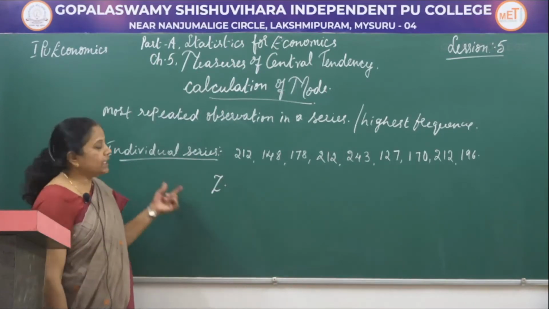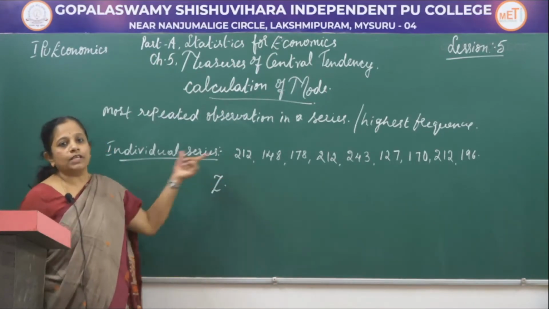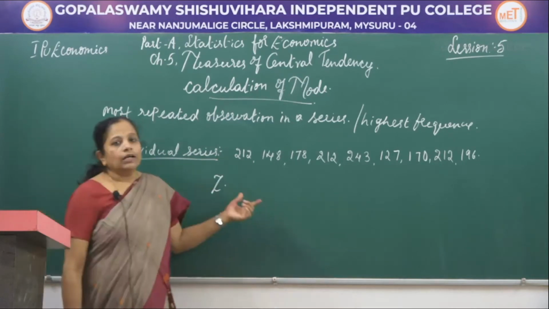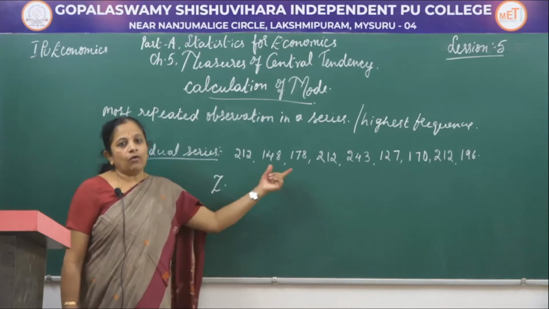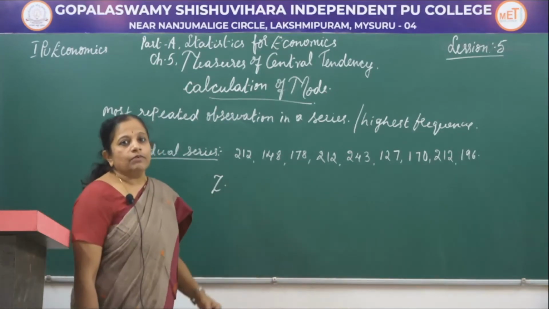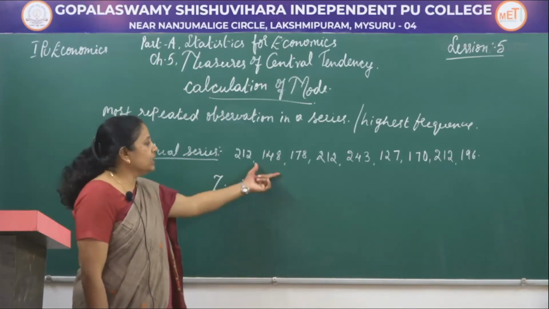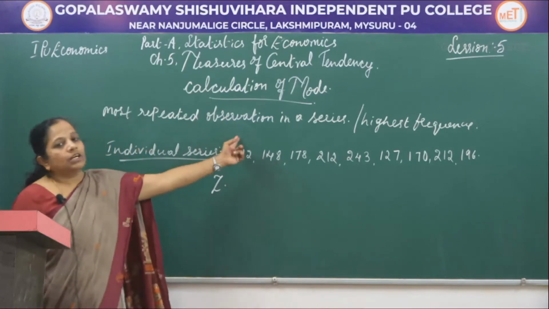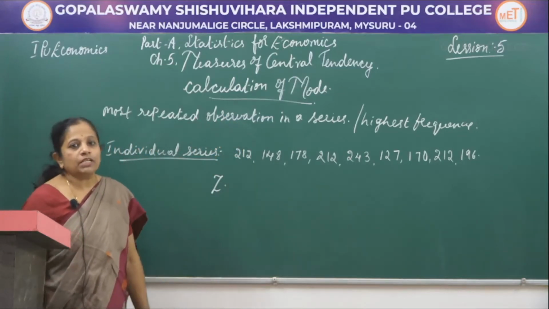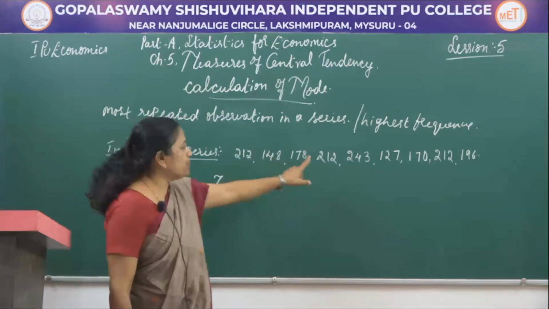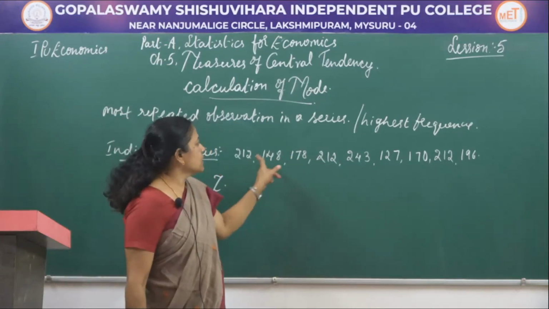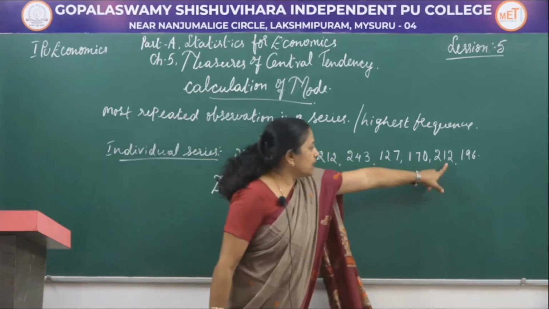So, now let us see the mode of this individual series. There are totally 9 numbers written here, and out of these 9 numbers, which is the mode? Here, as we all know, the most repeated observation is the mode. So, 212 is repeated here once, twice and thrice.